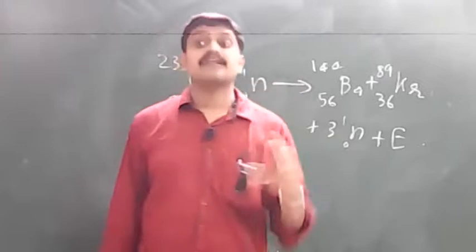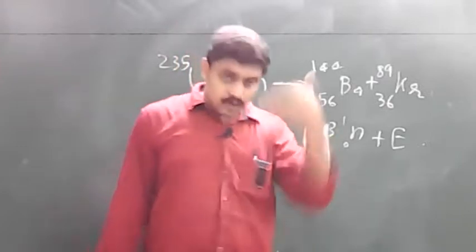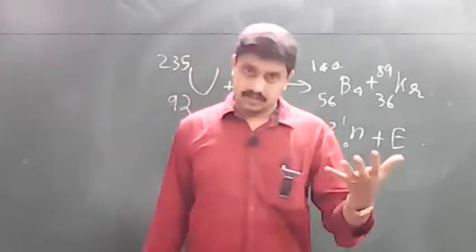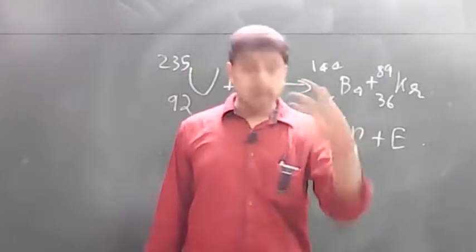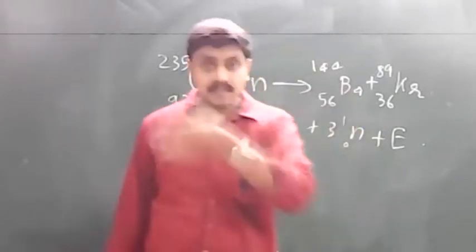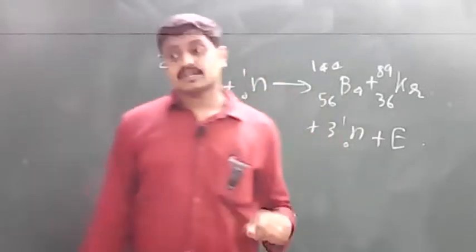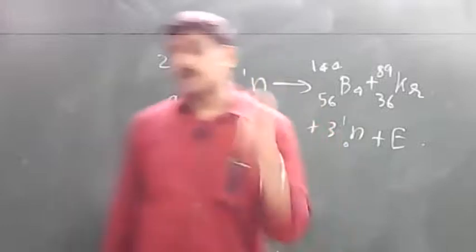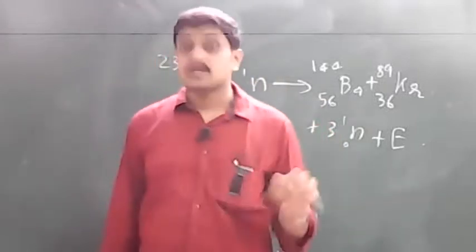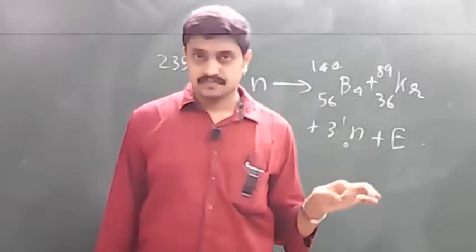Controlled chain reaction: the product of one reaction triggers another one. Then again, the products, the neutrons, trigger another process. Like that, the chain reaction goes on. If we can control the chain reaction, it is used in a nuclear power plant. But if it's uncontrolled, it's an atomic bomb.